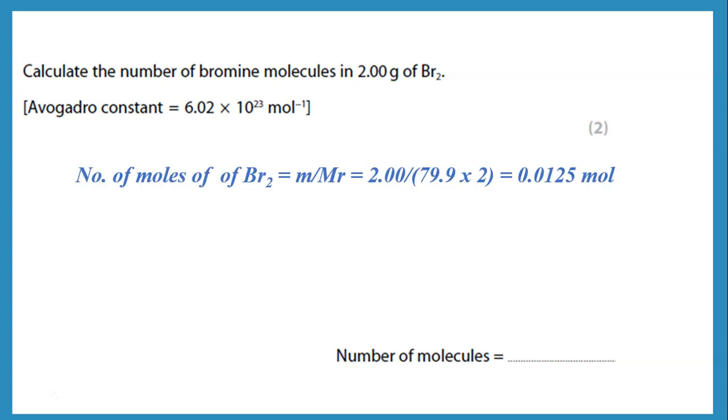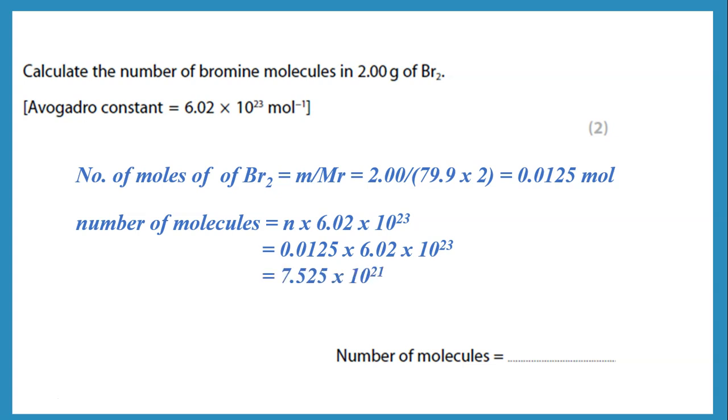That means I'm going to say mass over molecular mass. Remember that here the bromine is Br2, so you need mass number times 2 to get the MR. Then that gives us the number of moles of bromine. How do we get the number of molecules? We just multiply that by Avogadro's constant, 6.02 times 10 to the 23. That gives me the number of molecules of bromine.